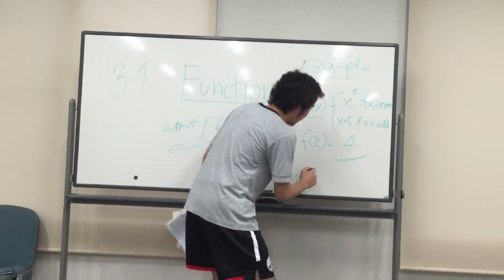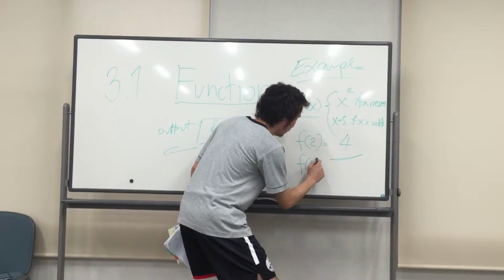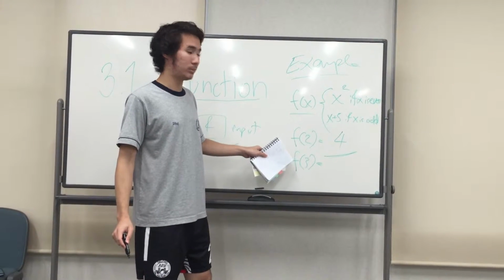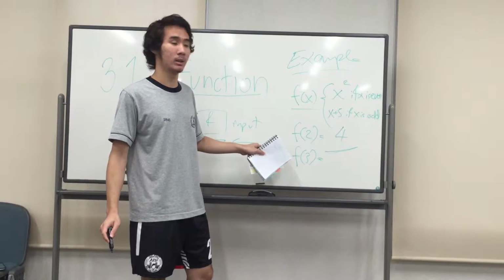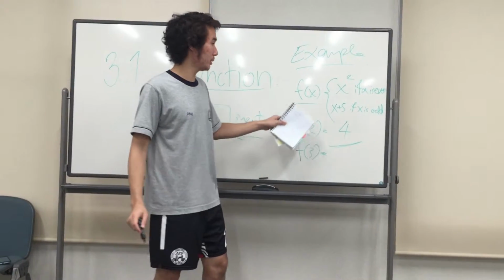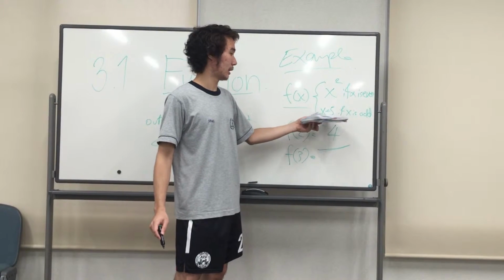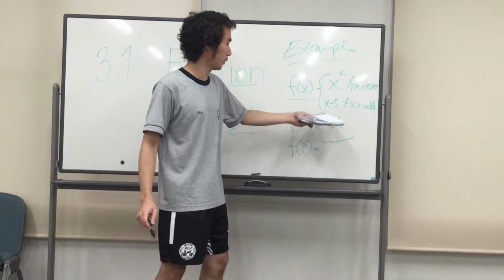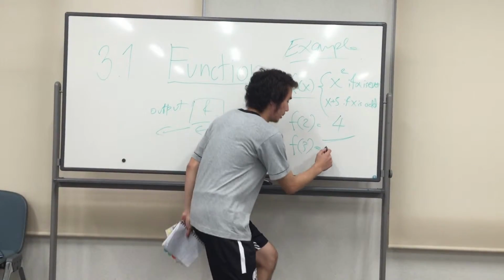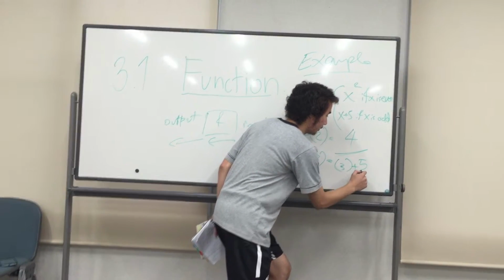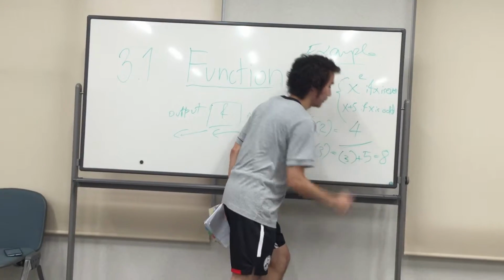And then next, f(3). So 3 is what? It is an odd number, so we use the function for odd numbers, x plus 5. We put 3 here, so it's 3 plus 5 equals 8.